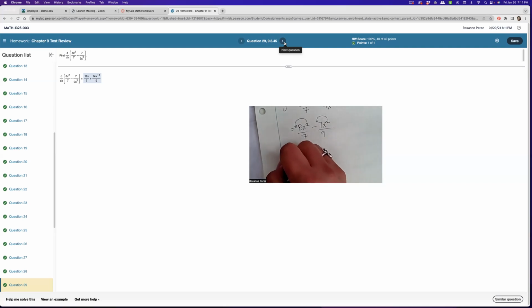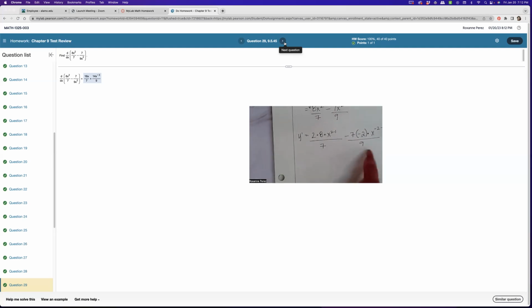Okay? So y prime equals 2 times 8 times x to the 2 minus 1 over 7 minus 7 times negative 2 times x to the negative 2 minus 1 over 9.